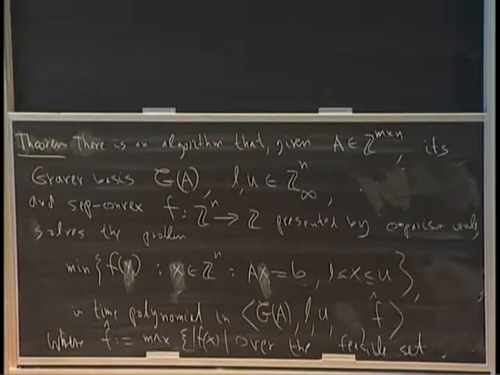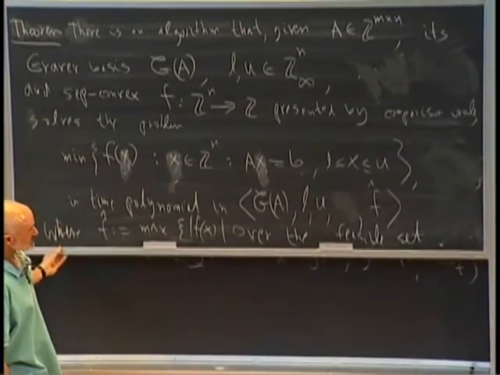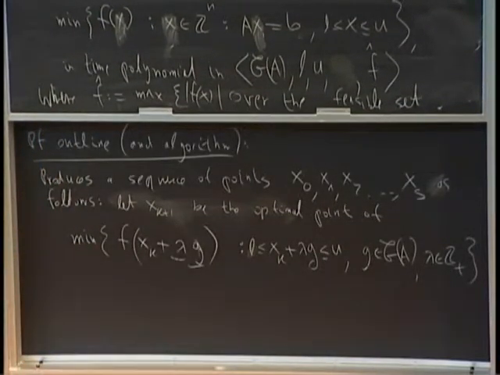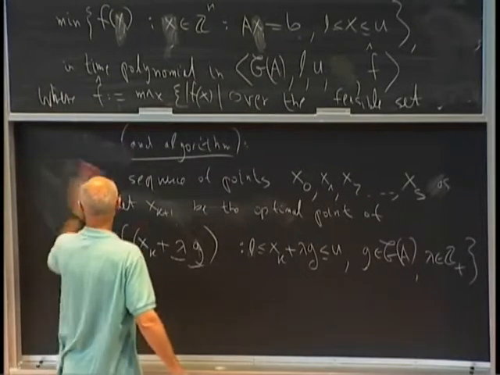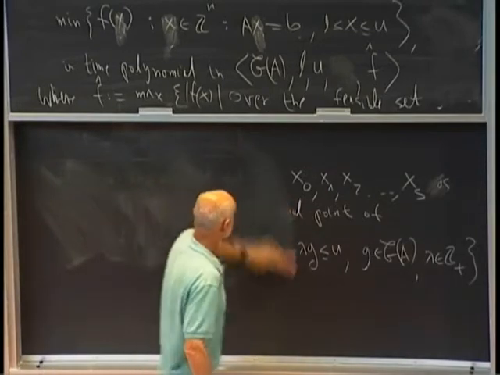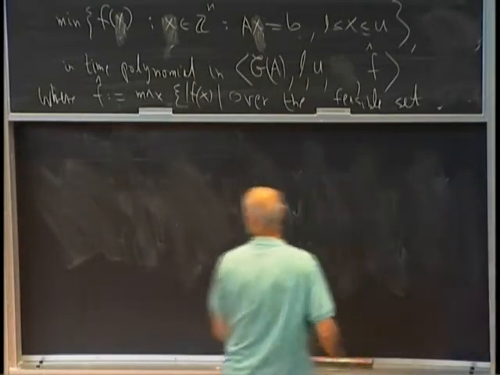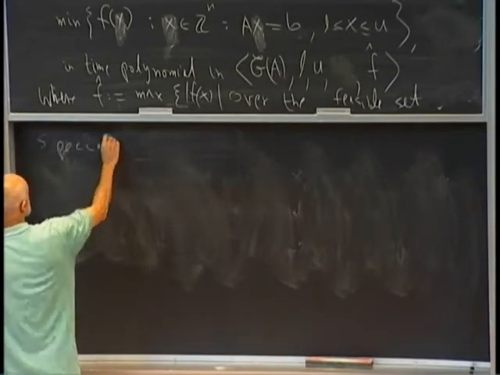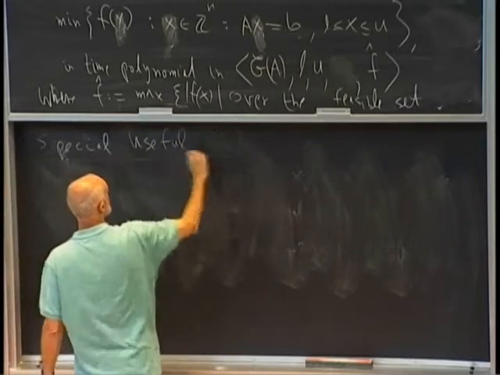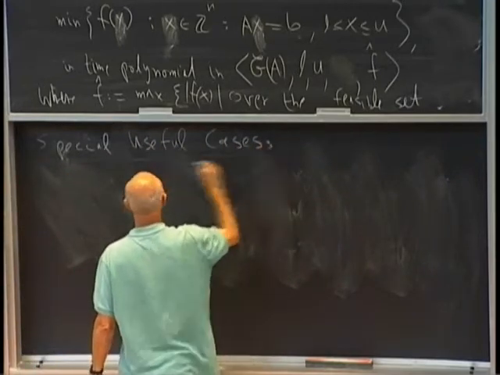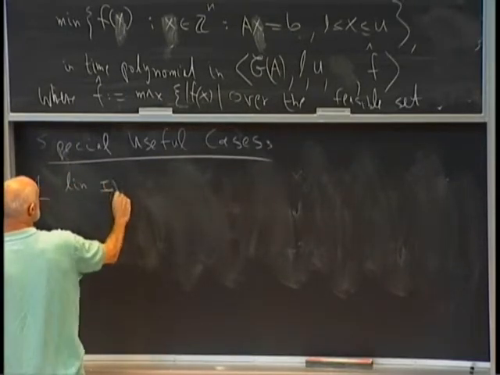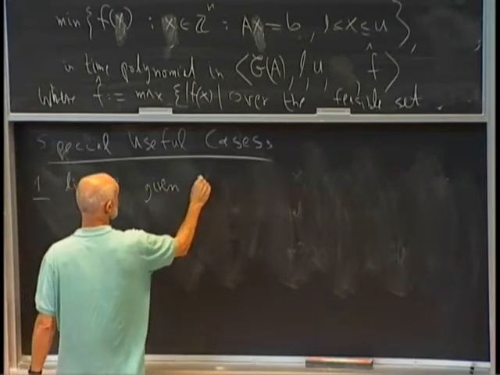So let me just summarize by mentioning some special cases of this. First of all, we can do linear optimization, linear IP, given the Graver basis.